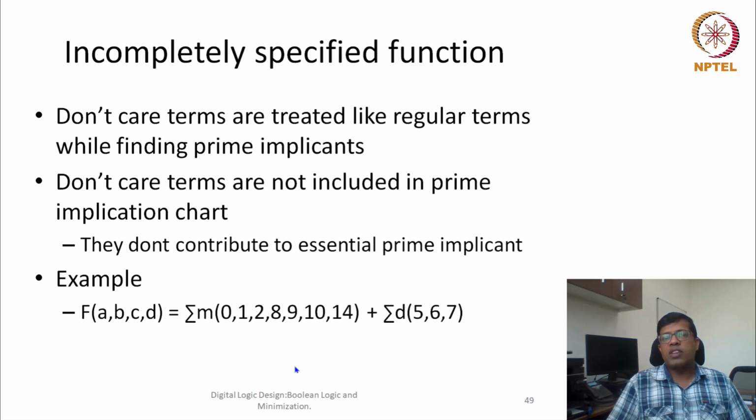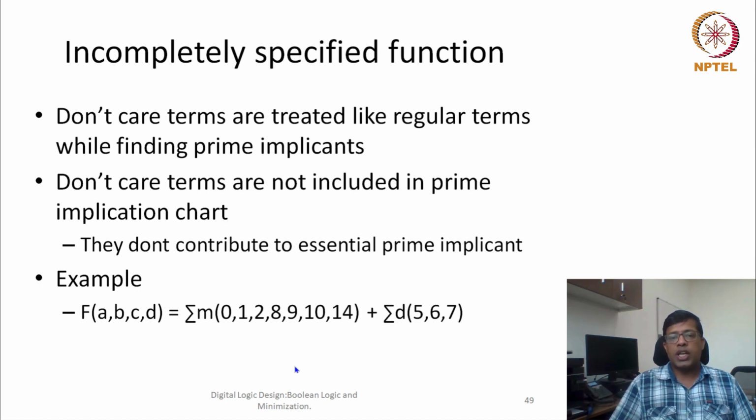while creating the covering chart, or the prime implicant chart, we don't list these don't care terms. Because don't care terms are not listed, they do not contribute to essential prime implicants.